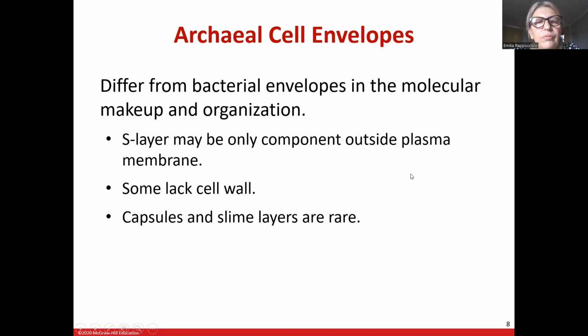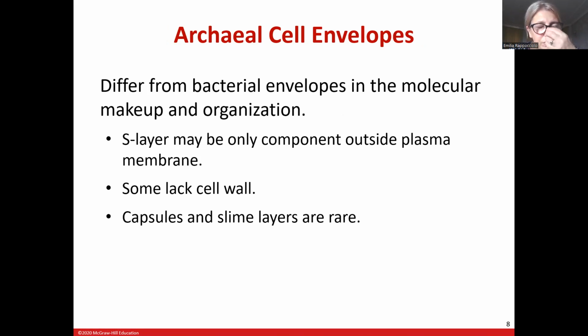So if we look at the envelope, like we did yesterday, we can start by looking at the plasma membrane and then the cell wall and the external layer. Sometimes the cell wall is made only of protein, the S layer.